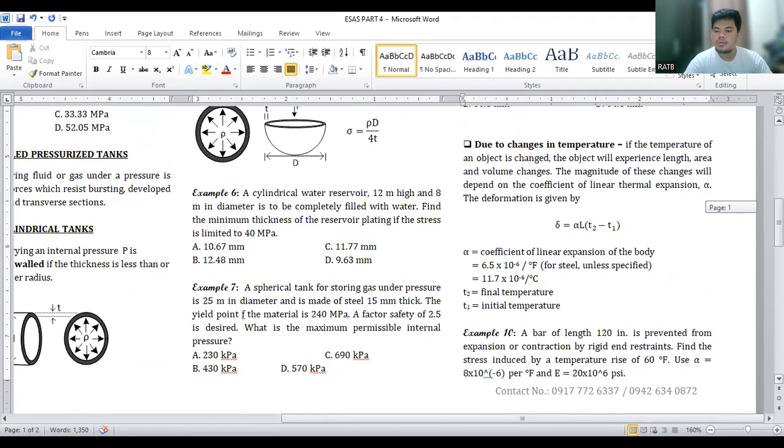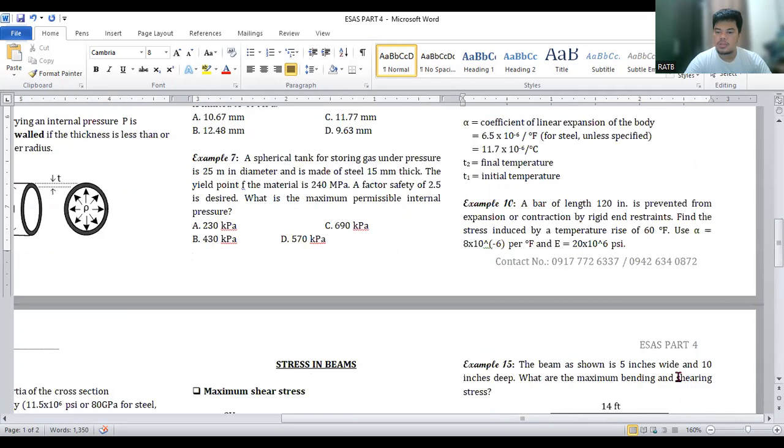Using the formula, the elongation is equivalent to the coefficient of linear expansion of the body, which for steel is given per degree Fahrenheit or per degree Celsius, multiplied by the original length, and then the delta T, the change in temperature.